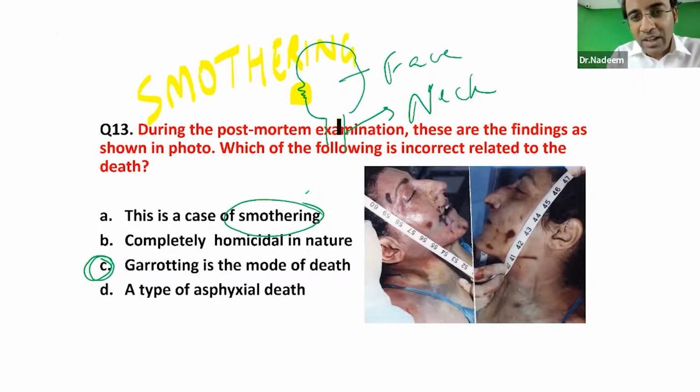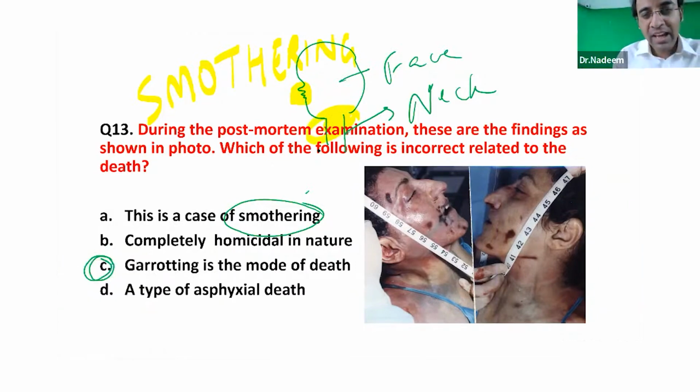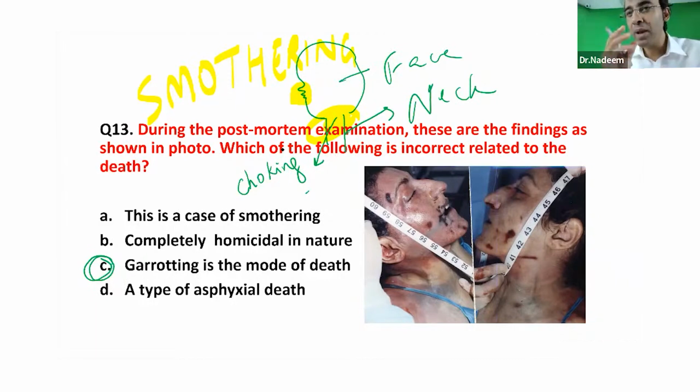Whenever there is blockage of internal respiratory passages, if it is accidental, it is called choking. But if someone has pushed a paper roll or cloth roll inside your mouth to block your internal respiratory passages, homicidal, it is called gagging. Easy to understand.